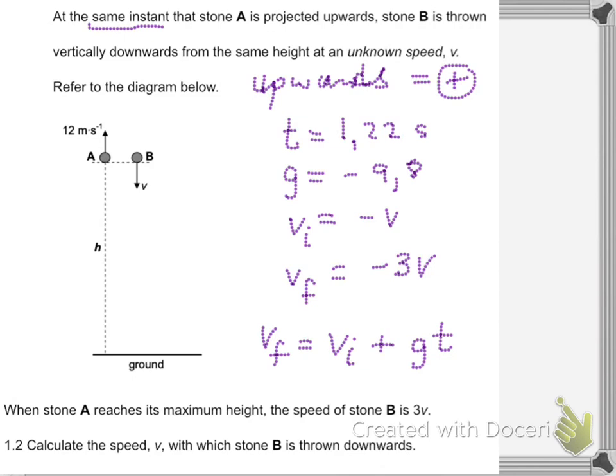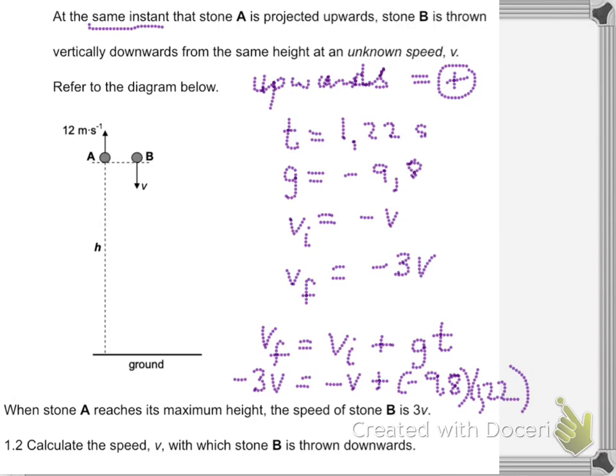Although we don't know what v is, we know that the final velocity is minus 3v. The initial velocity is minus v. And then you add minus 9,8 multiplied by 1,22. All good? 1,22 will be the time.